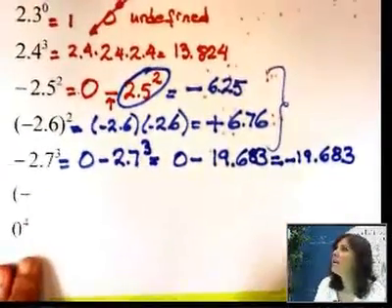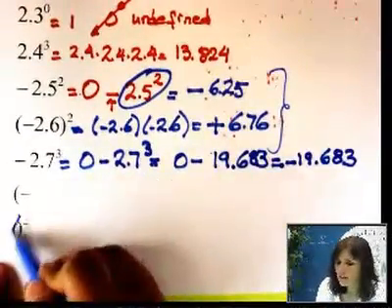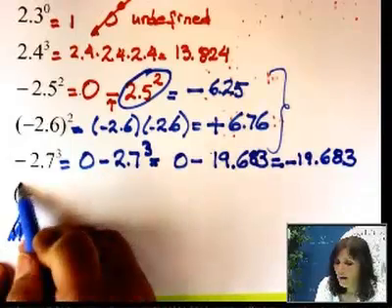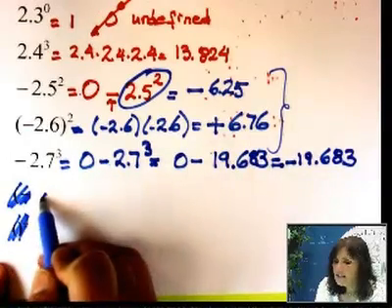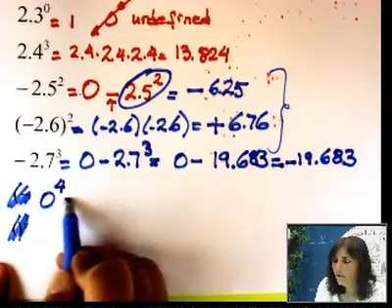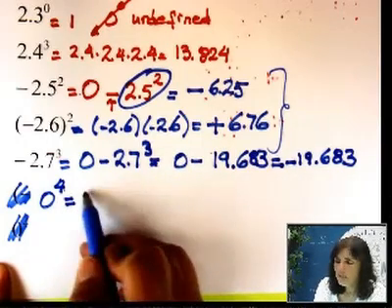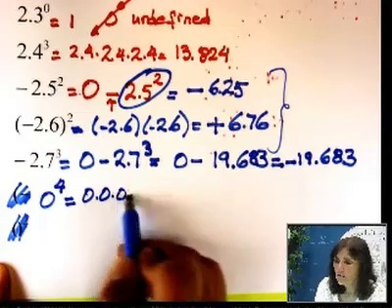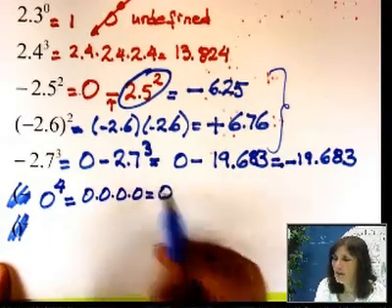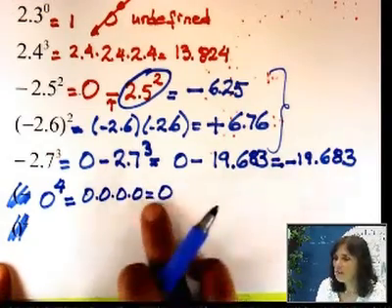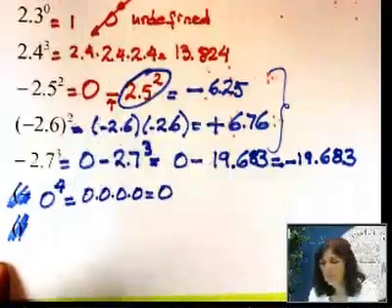This one has a problem with this, so let's do this. 0 to the 4th power. So 0 to an exponent means 0 times 0 times 0 times 0, 4 times, you get a 0. So don't mix this one up with this one.